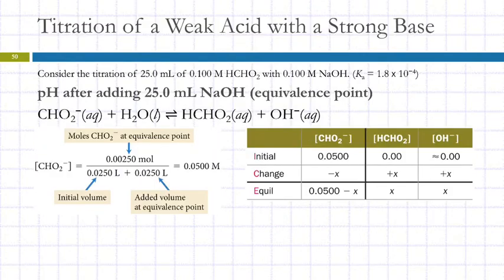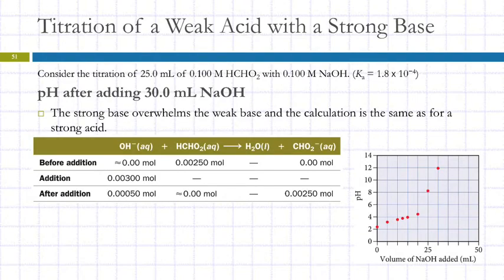After the equivalence point. Okay, pH after the equivalence point. So we had 30 milliliters of the hydroxide. That gives us 0.003 moles of the hydroxide.